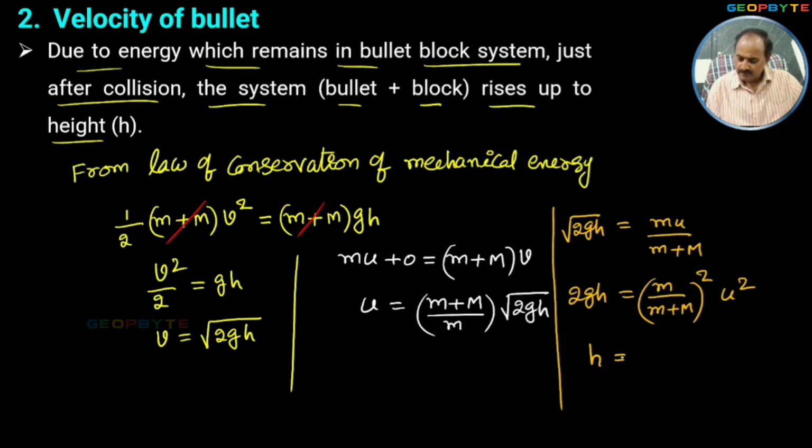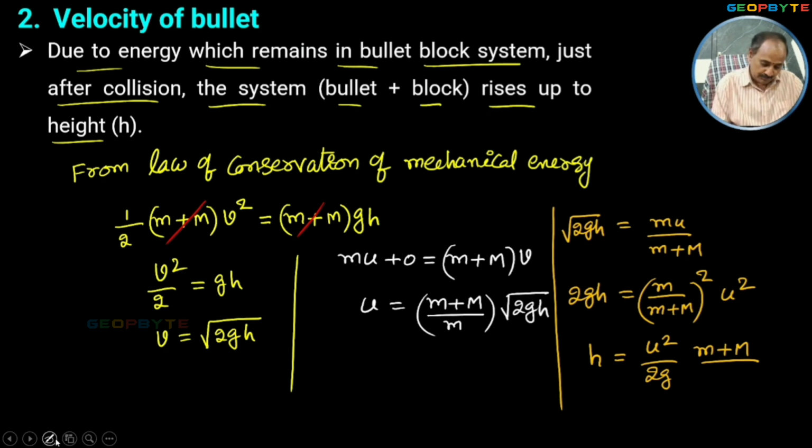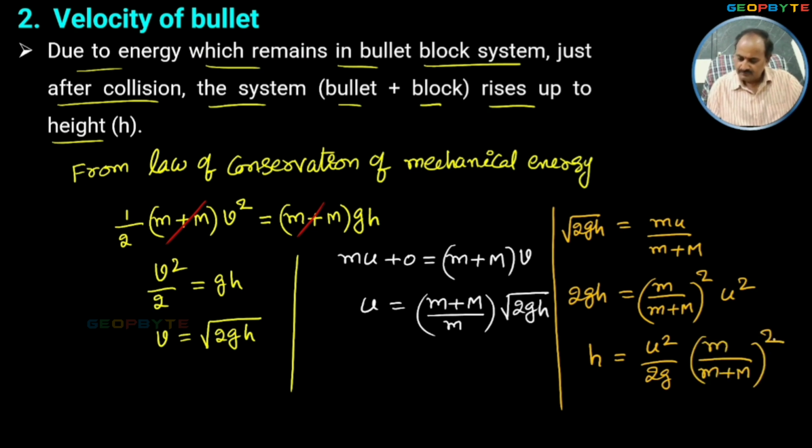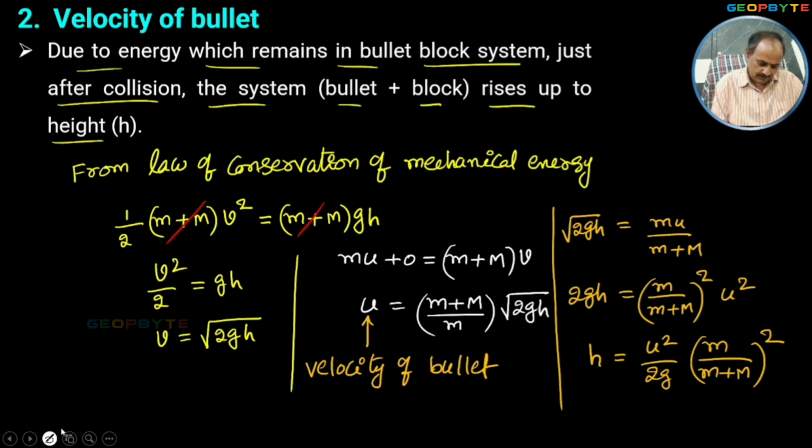From this, the height of rise of the whole system is equal to u square by 2g into small m by small m plus capital M whole square. Okay, got that point? This is the velocity of the bullet. This is the height of rise of the whole system.